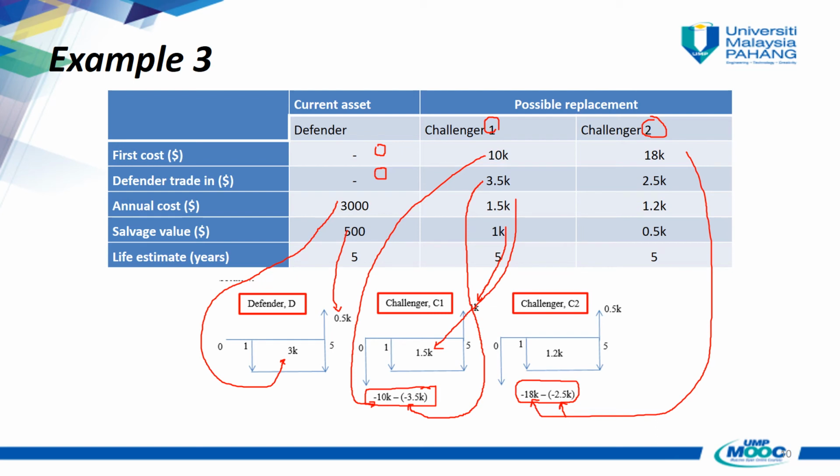If we use Challenger 2, the annual cost will be 1.2 thousand, and we also have a salvage value of 0.5 thousand after 5 years.